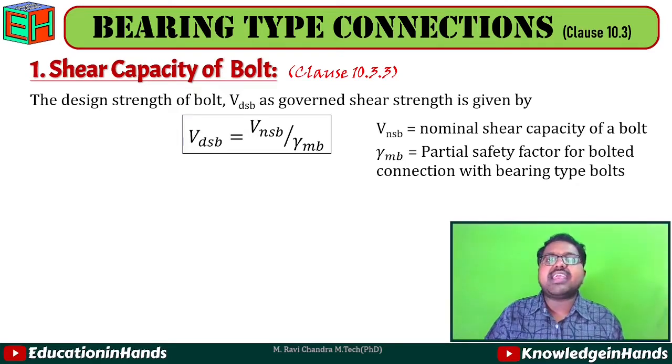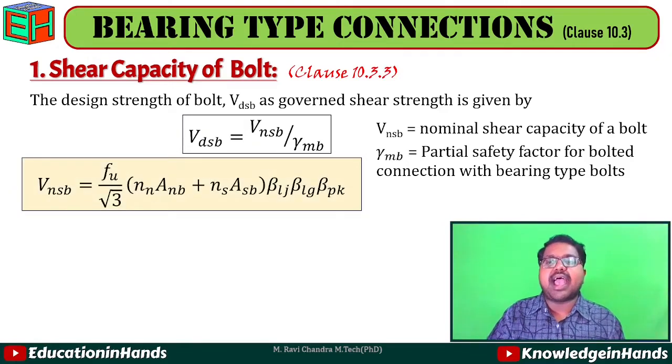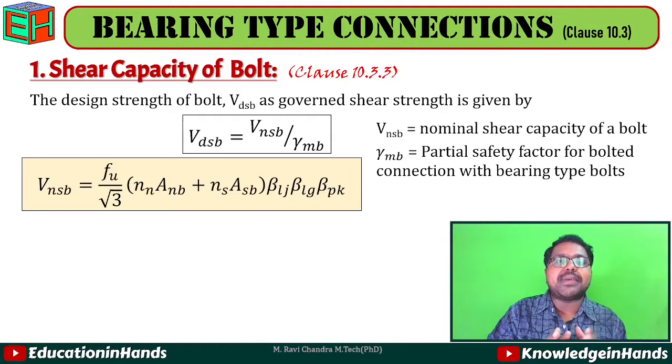So here VNSB, the nominal shear capacity, how we are calculating is given by a formula in clause 10.3.3 as VNSB equal to Fu by root 3 into (NN into ANB plus NS into ASB) into beta LJ, beta LG, beta PK.